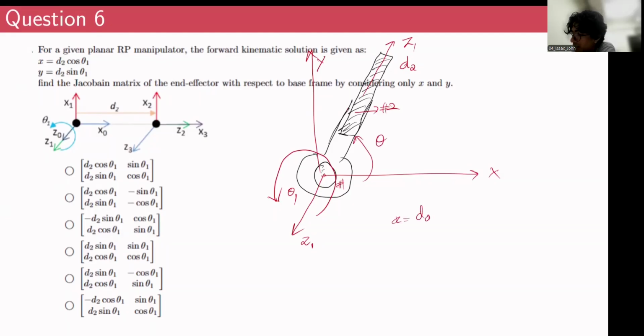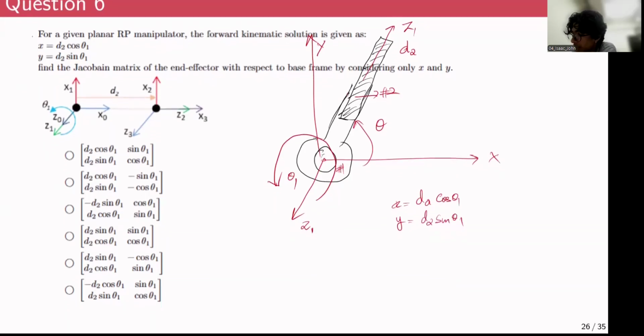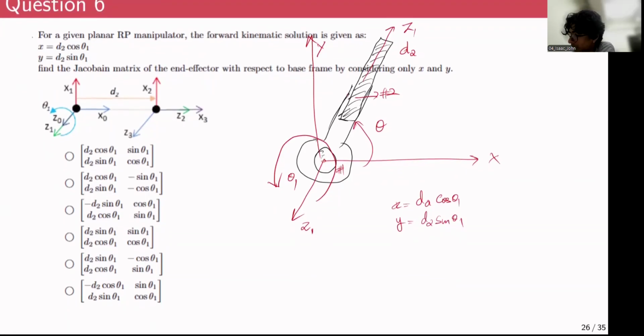X is d2 cos θ1, y is d2 sin θ1. And how would the Jacobian look like? Mu dot, which is nothing but x dot and y dot, would be the Jacobian J of q multiplied by q dot, where the components of vector q dot are θ1 dot and d2 dot.